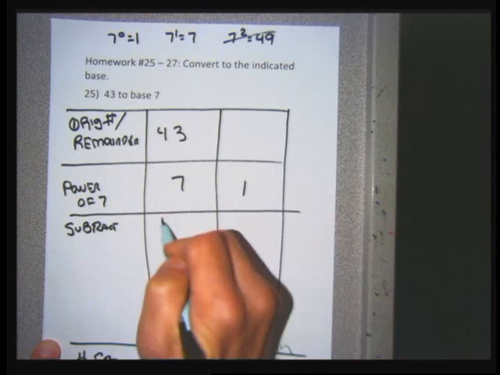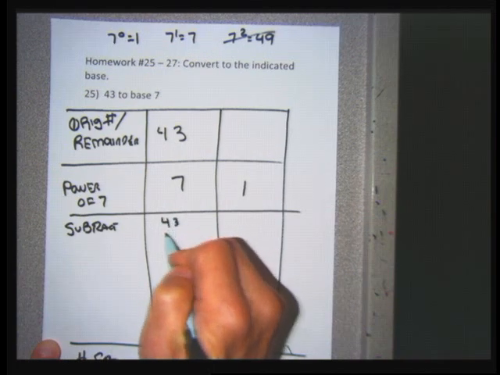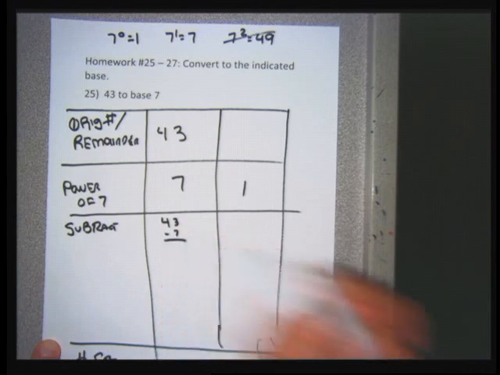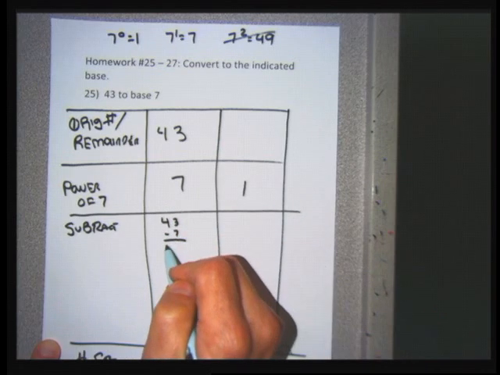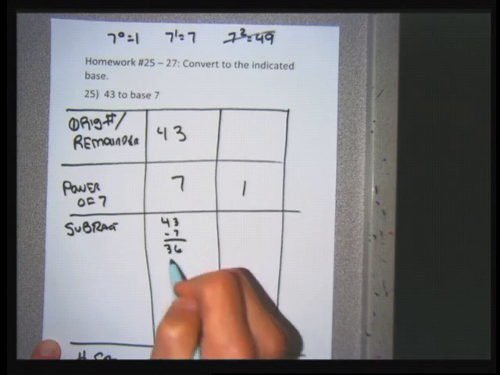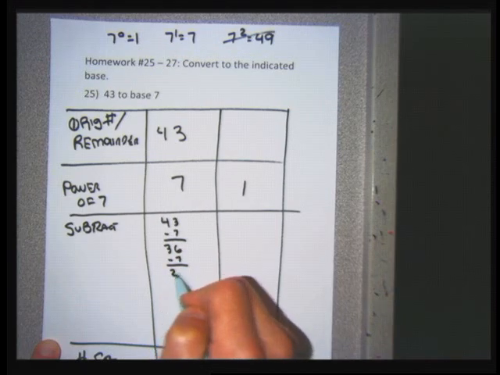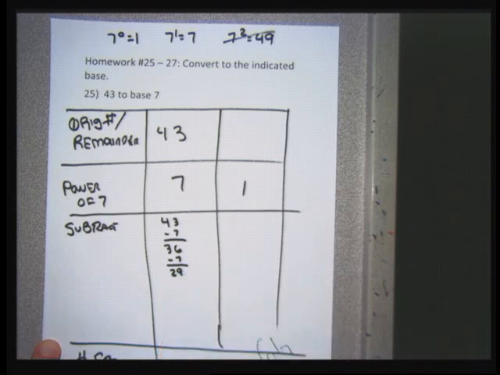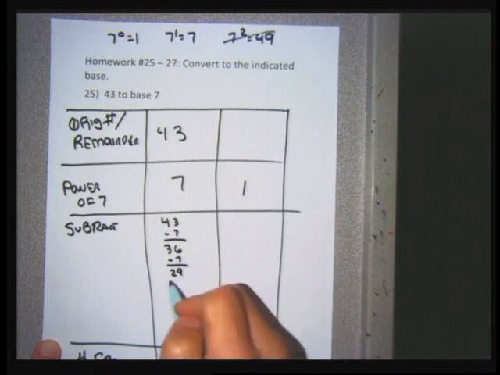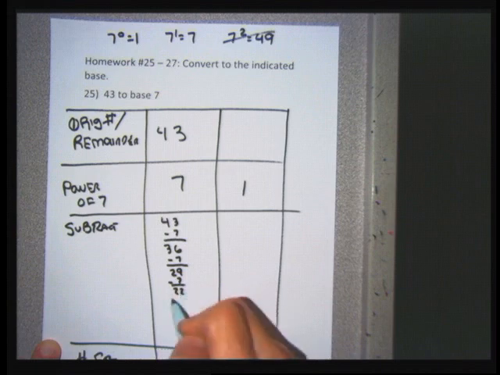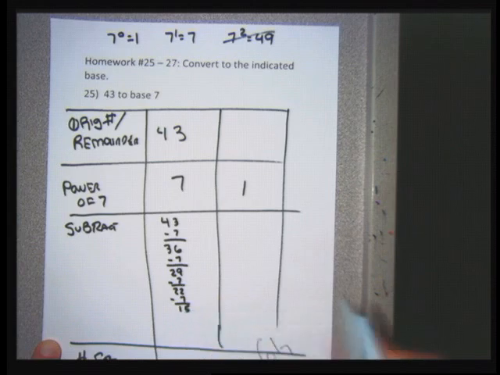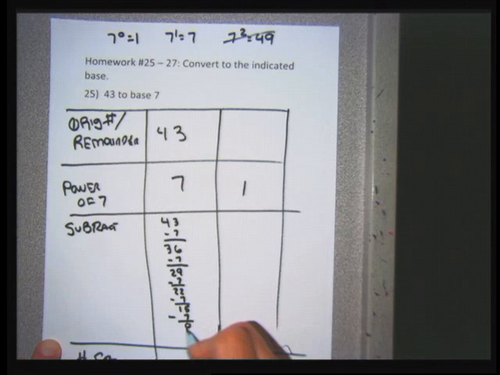So I'm going to go 43 minus 7. I could do that on my calculator, but I think I could do it in my head. That's 36. And then 36 minus 7 is 29. I want to go till I get to a number smaller than 7. 29 minus 7 is 22. 22 minus 7 is 15. 15 minus 7 is 8.